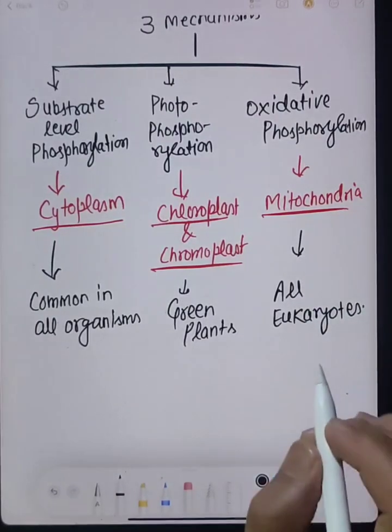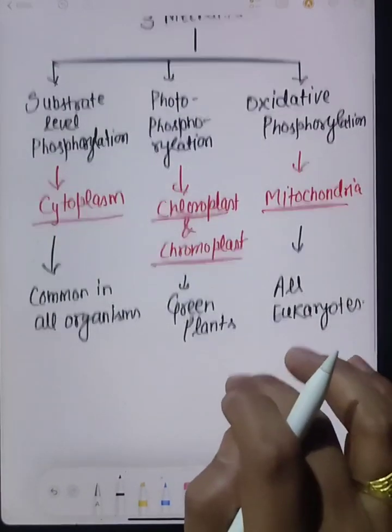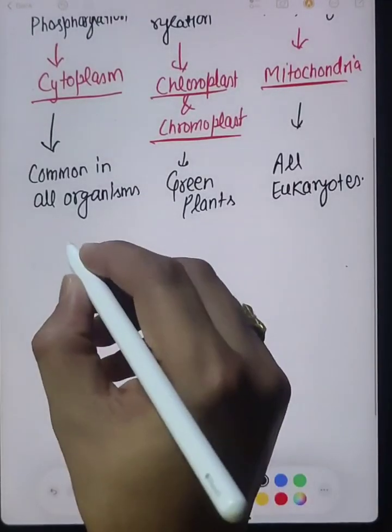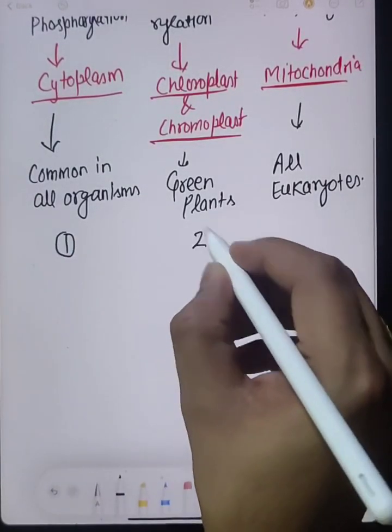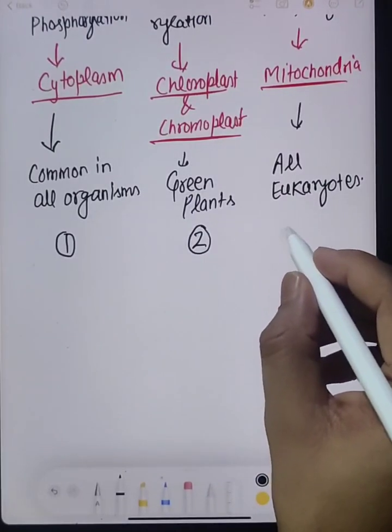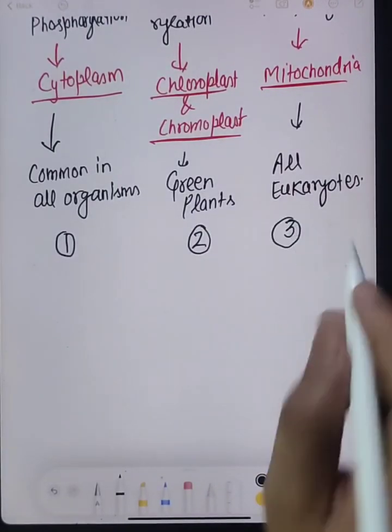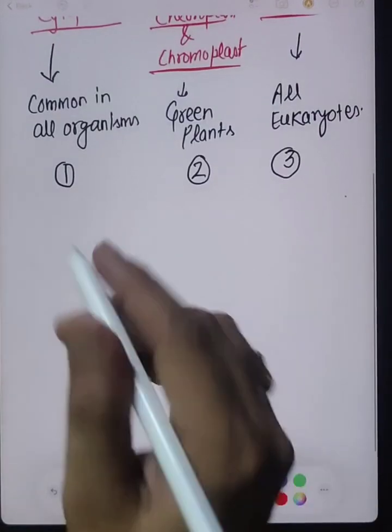Let me introduce these three things. The first process is called SLP, the second is called photophosphorylation, and the third is called oxidative phosphorylation.